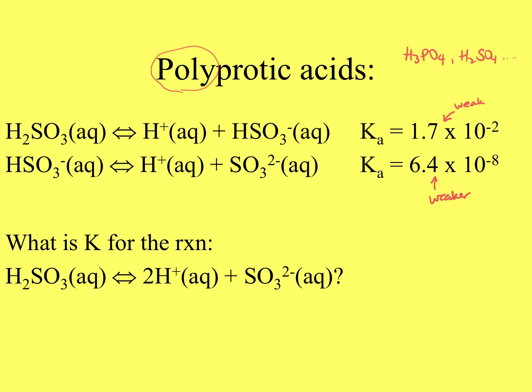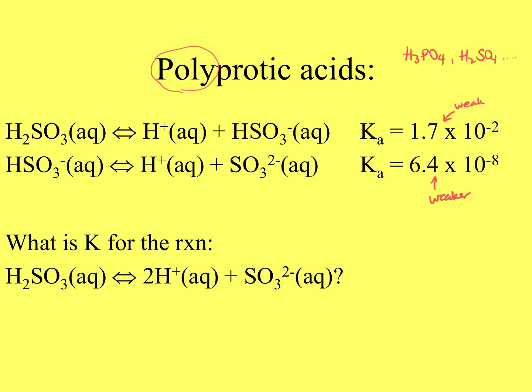You've got to think about why that's the case: it is going to be easier to remove the first hydrogen as opposed to the second hydrogen, because now the second hydrogen is bound very tightly due to the negative charge of this overall molecule. So it's going to be harder to remove that hydrogen so that it can be ionized.